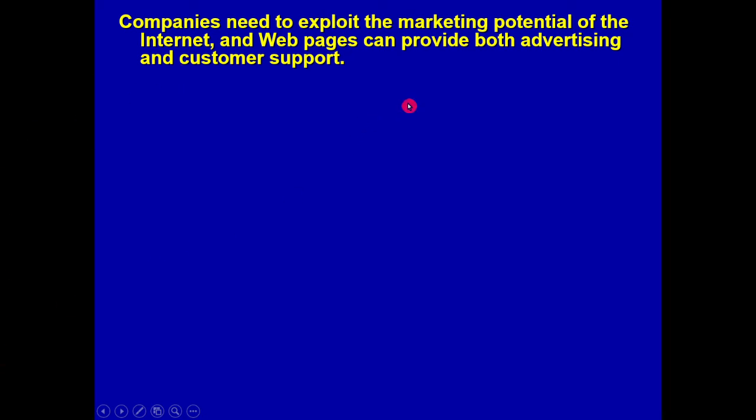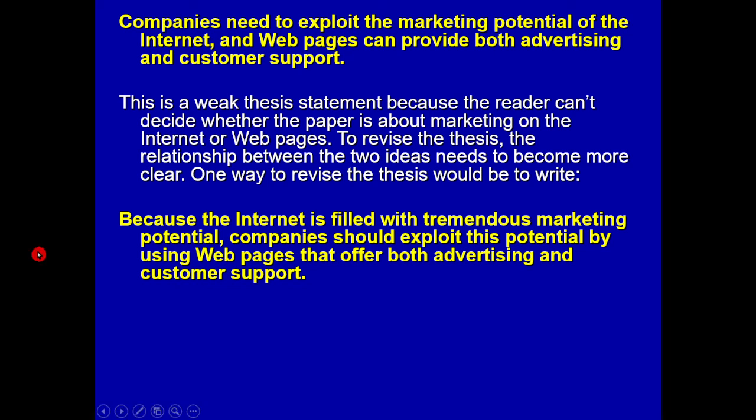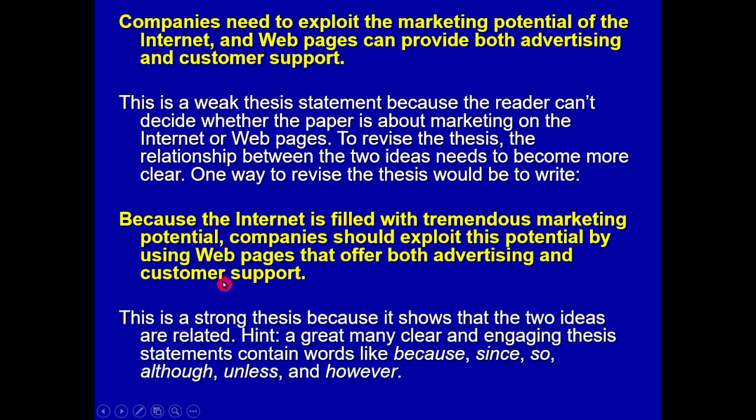You can provide both advertising and customer support. This is a weak statement. And how can we make it strong? Because the internet is filled with tremendous marketing potential, companies should exploit this potential by using web pages that offer both advertising and customer support. So it is a strong statement.